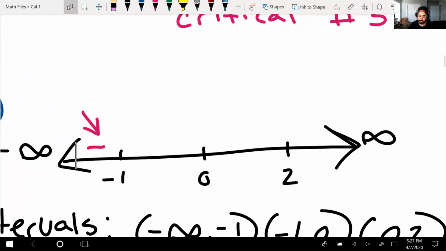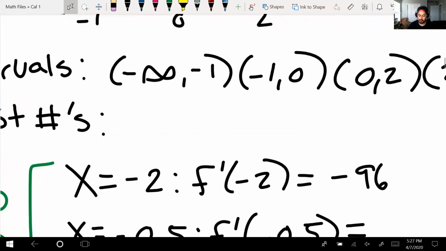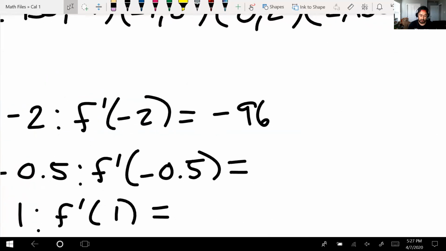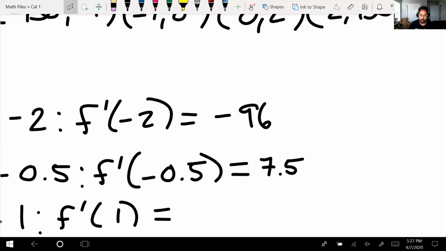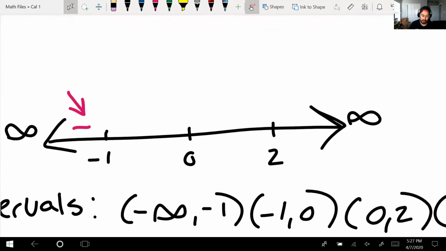Now let's go back to our numbers. And -0.5 gives me 15 halves, so a positive 7.5. So from -1 to 0, the first derivative is positive, which means the original function is increasing.